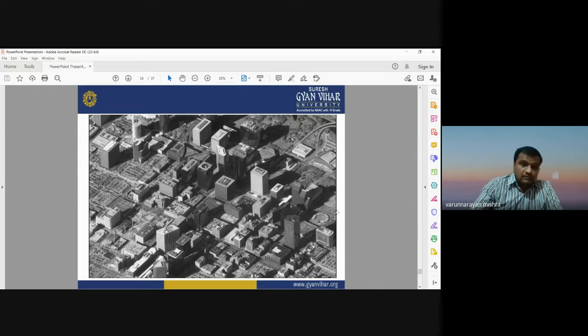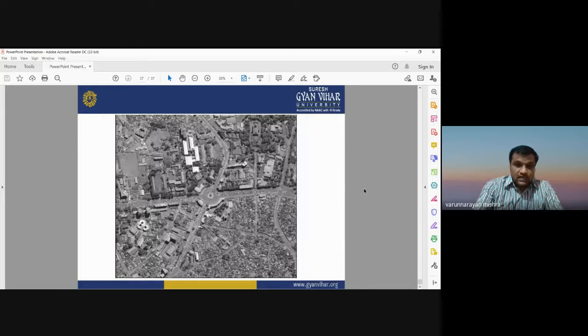So this is a sample image acquired by the Worldview 1 satellite. This is another image acquired by the Worldview satellite sensor, having very fine spatial details, that is around 0.5 meter spatial resolution images. So you can see how good details can be received by the Worldview 1 satellite sensor images.